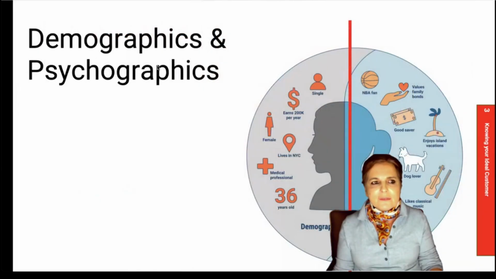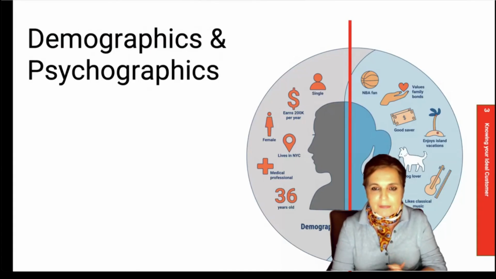Okay, so the demographics and the psychographics, here's a representation. On one side, the demographics, you have marital status, in this case, single, the annual salary, the gender, where the person lives, the profession, of course, and the age. Things like this, things that are what the client is on paper, right?